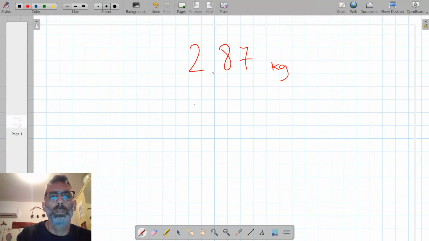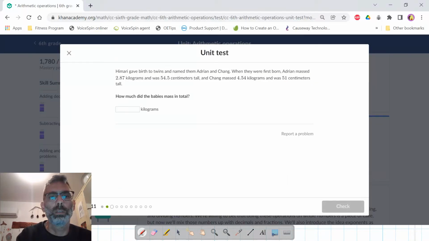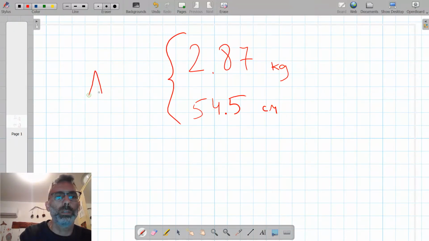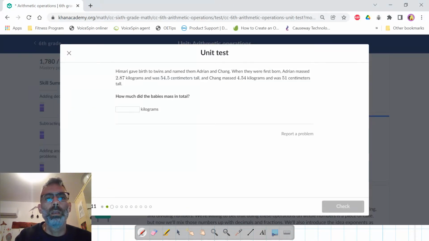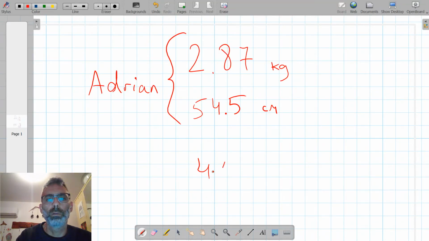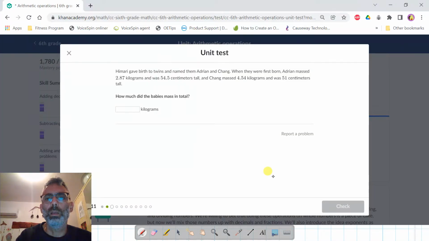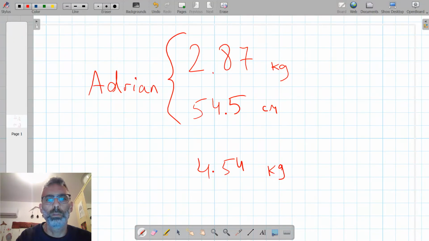Okay, this is heavy. And Chen massed 4.54 kilograms and was 51 centimeters tall.